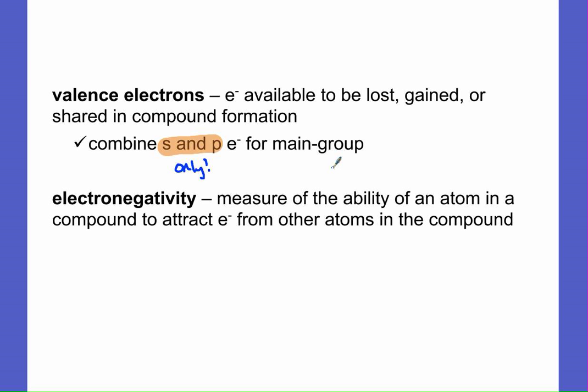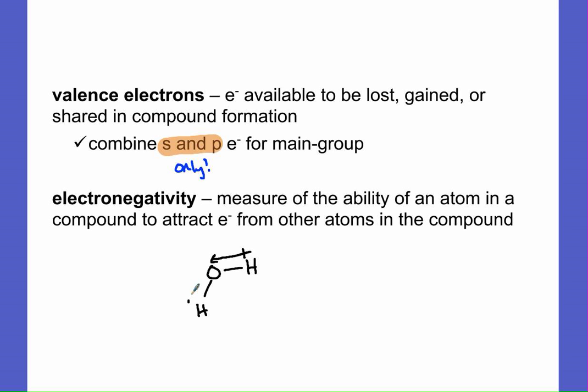Electronegativity is the measure of the ability of an atom in a compound to attract electrons from other atoms in the compound. So electronegativity is something that we're going to use to determine whether something is polar or nonpolar. If you remember from biology, I talked about how water is very polar because oxygen pulls on electrons better than hydrogen does.